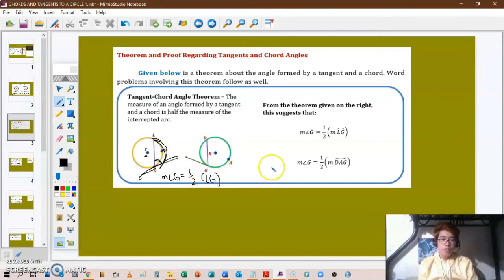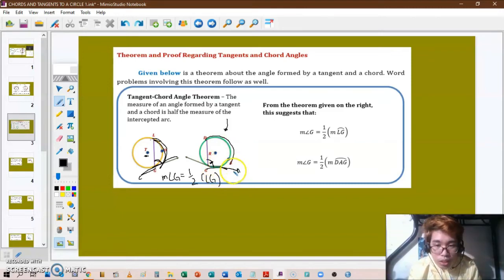For this other circle, we can do it the other way around. If you want to get the measurement of this arc, then you just need to find the measurement of this angle, angle DGO.